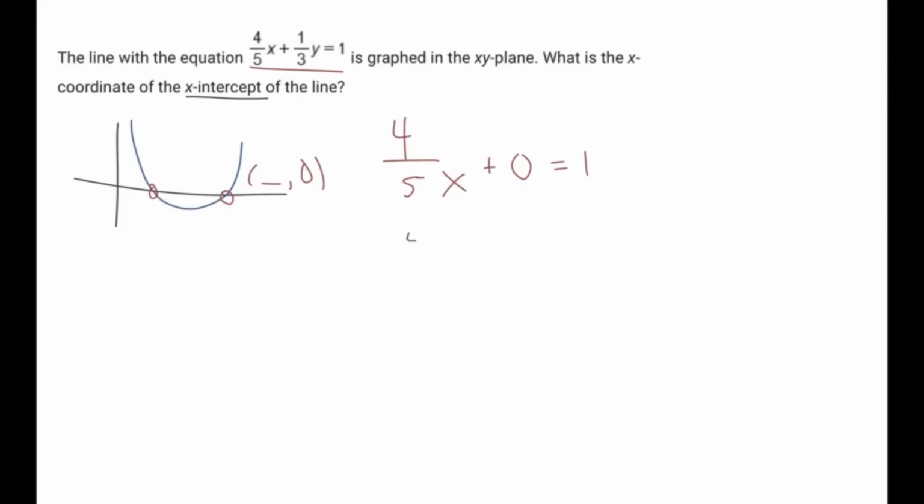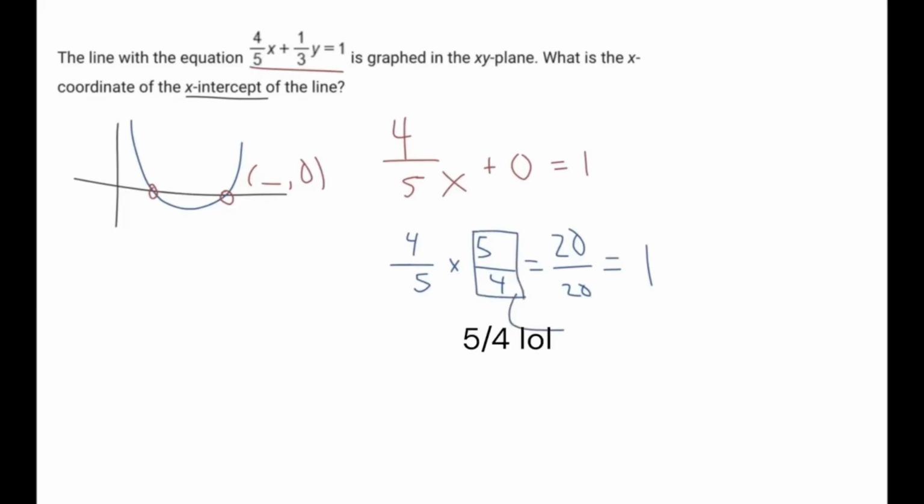Well, we can multiply 4/5 by 5/4, right? Because this gets us 20 on top and 20 on the bottom, and that is equivalent to 1. And therefore, the x-coordinate of the x-intercept would just be 5/4. So that is our answer.